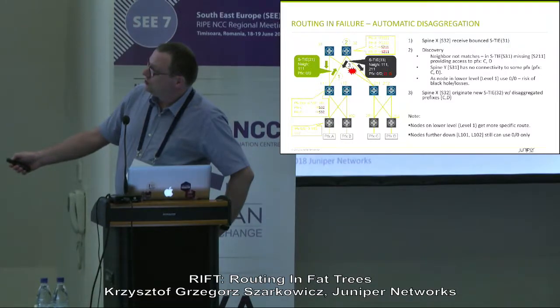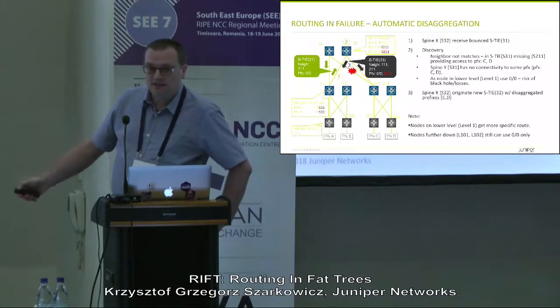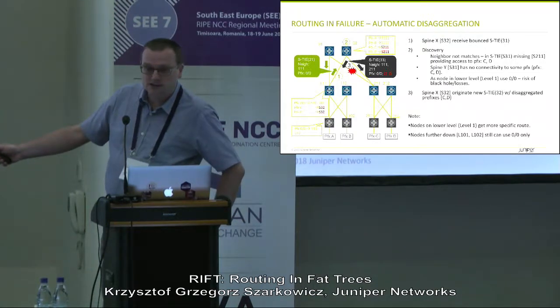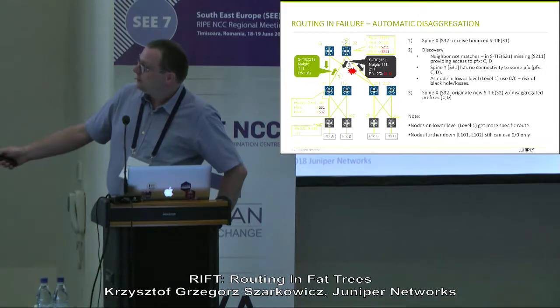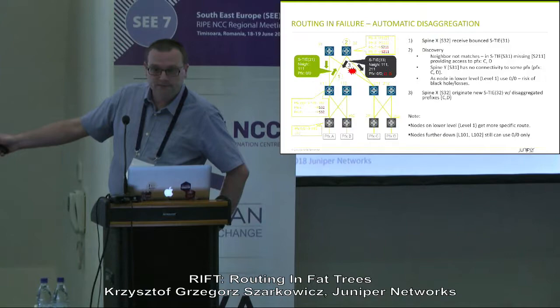So now node 32 knows: I received a couple of prefixes here, prefixes A, B, C, D, and these prefixes are reachable over these neighbors. A and B are reachable over 111. 31 can reach 111 as well, so my assumption is that 31 received the information of these prefixes from 111. But 32 knows that 31 has no reachability to 211. And I have some prefixes here, C and D, which are reachable over 211.